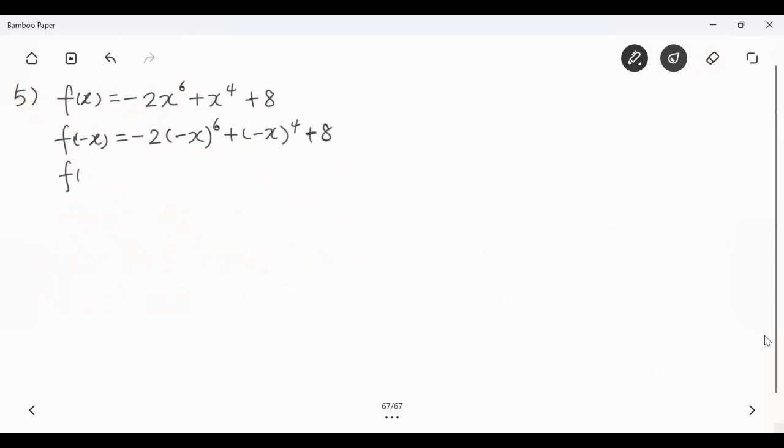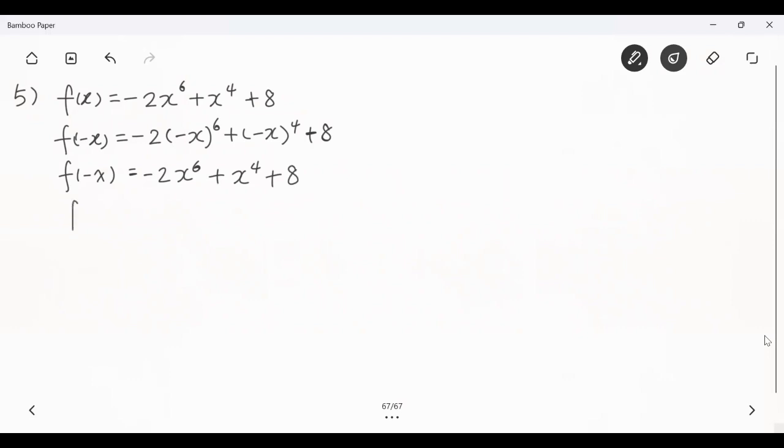And simplify that, because this negative x to the power 6 is x power 6, right? Negative becomes positive. And the second term is negative x power 4, just x power 4, plus 8.